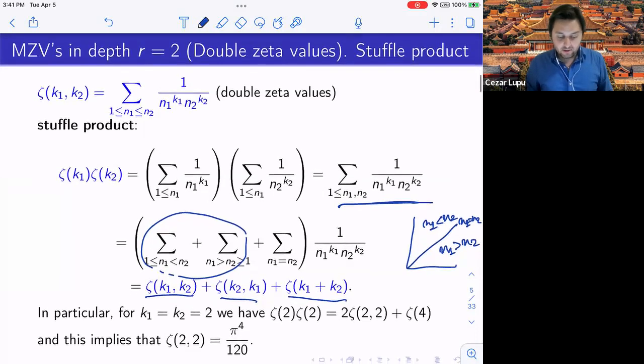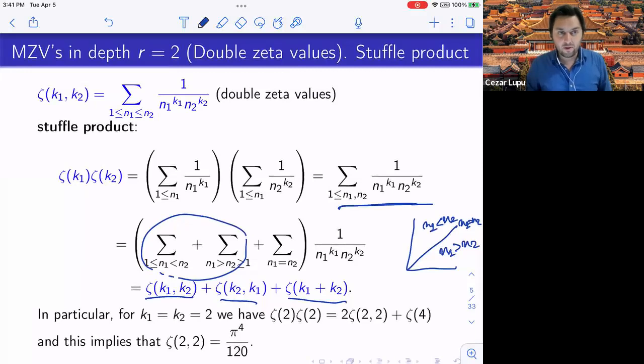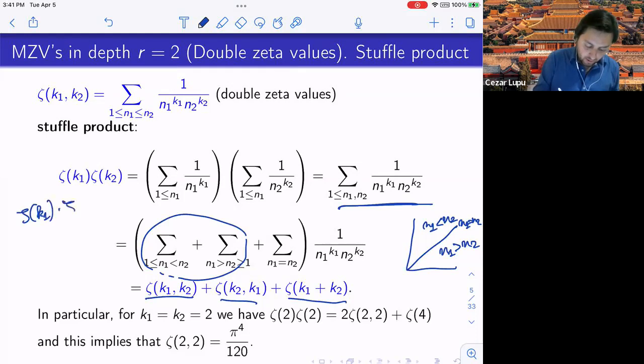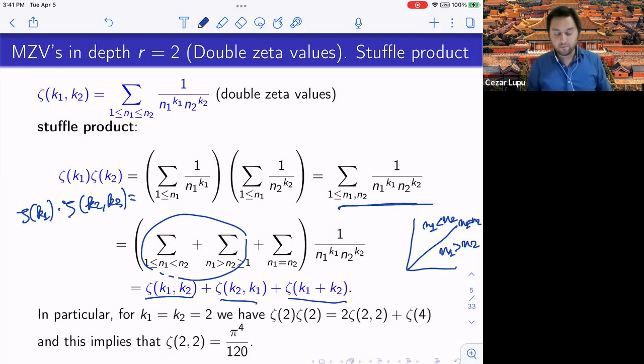So this is just one of the operations that we can do. So the stuffle product, in fact, we can define this in a much more general way. Here I just did it for 2 single zeta values, but in fact, you can multiply, for example, zeta of k1 times double zeta of k2, k3, and you do the same thing. So in this way, you generate triple zeta values and so on.